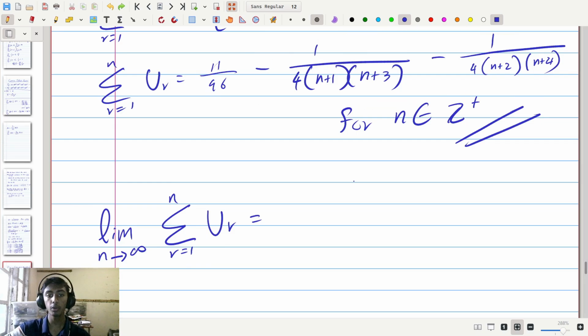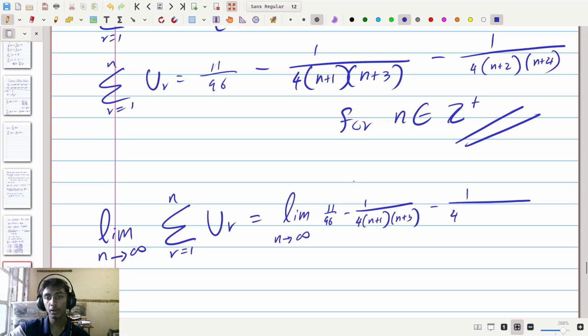So what we're looking for is in fact the limit as n approaches infinity, I'm going to write this in small letters since there's a lot of stuff here, of 11 over 96 minus 1 over 4(n plus 1)(n plus 3) minus 1 over 4(n plus 2)(n plus 4).